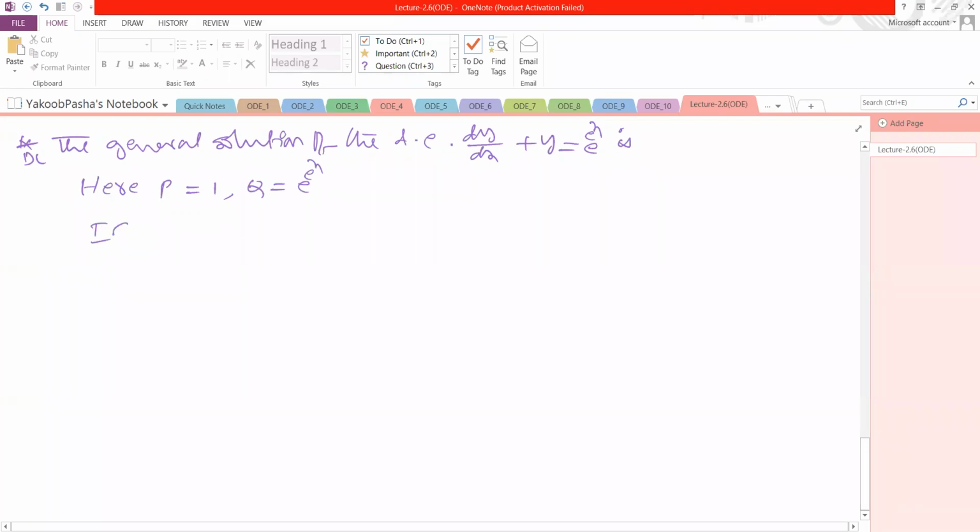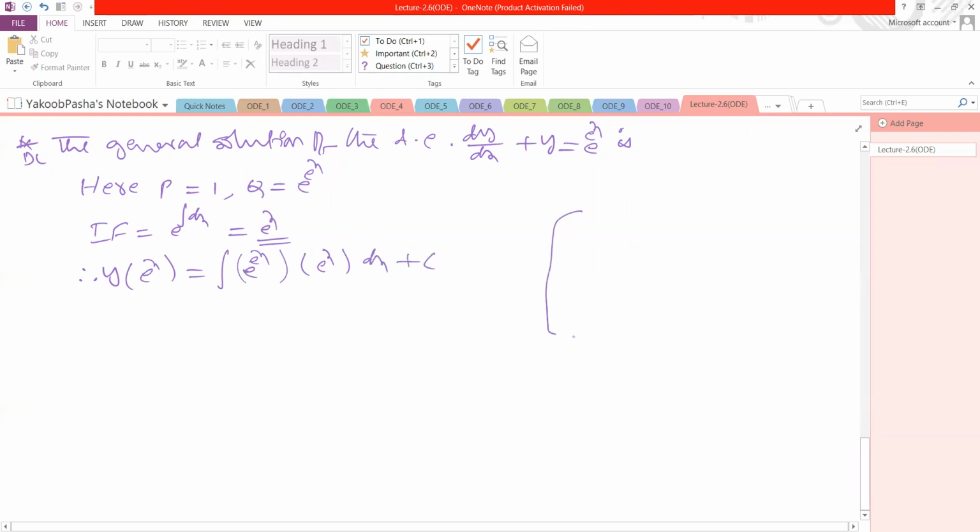So find the integrating factor, that is e to the power of integral p dx. Integral of 1 dx is x, that is equal to e to the power of x, the integrating factor. Now the general solution is y into integrating factor e to the power of x is equal to integral of q into the integrating factor, that is e to the power of x into e to the power of x dx plus c.